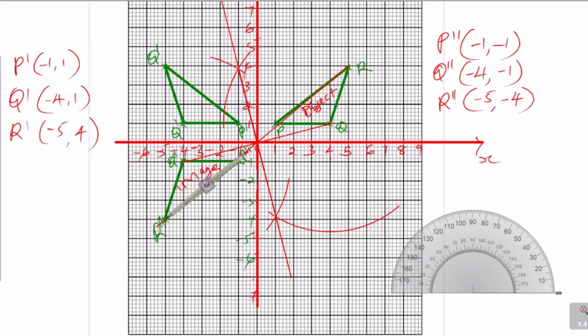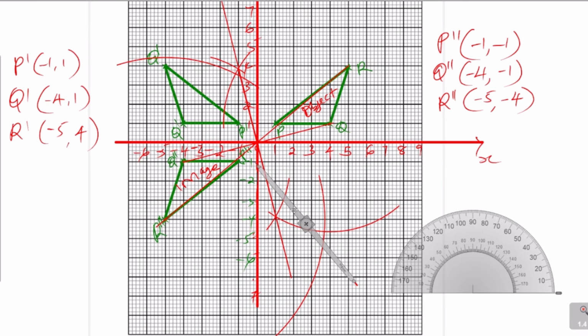So stretch your pair of compasses more than half of that line. Standing at R, mark a big arc there, and then mark another arc here, like that.